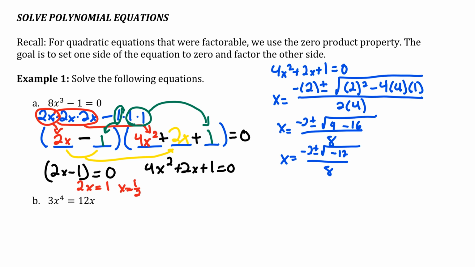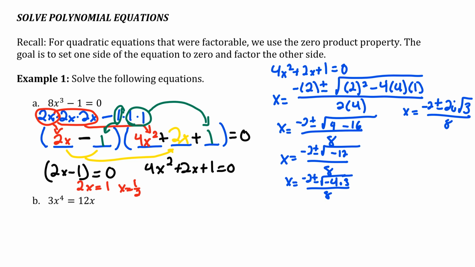Notice I've ended up with a negative, so that means I'm going to have some i's in here. 12 can factor down into a negative 4 times a 3, because I know what the square root of 4 is. So x is going to be negative 2 plus or minus 2i, because of this negative 4. That square root of 4 is 2, and I've got a negative, so that comes out as an i.